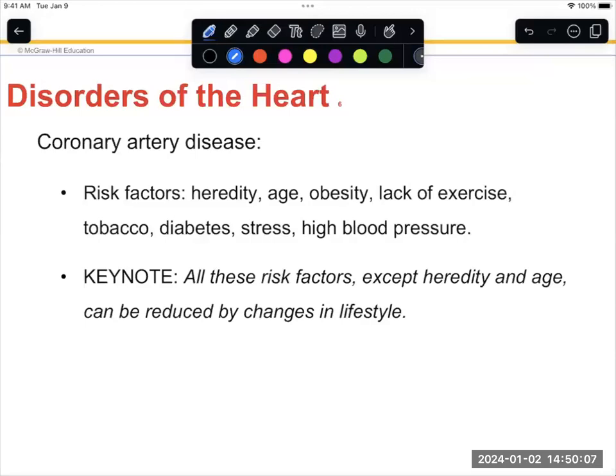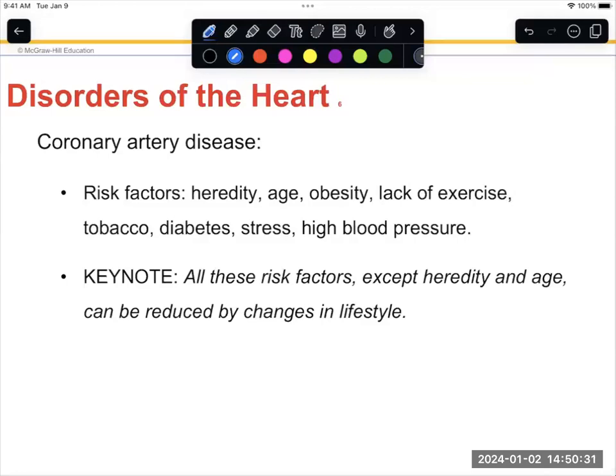Tobacco. Smoking can cause just about any condition in the body lately. Diabetes. Again, not treating high blood sugar levels. Stress. Type A personality. These people usually have really high stress. High blood pressure, meaning the heart needs to work harder to push blood out of the heart.